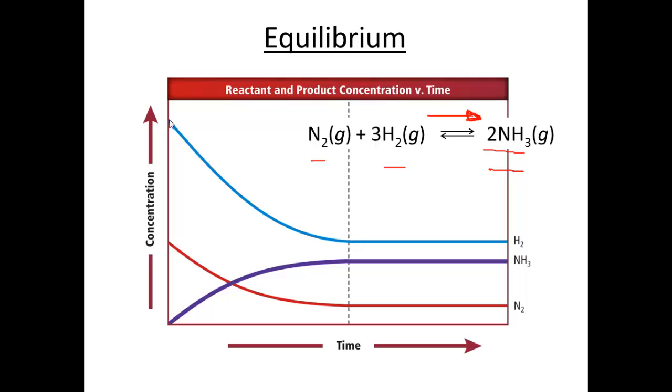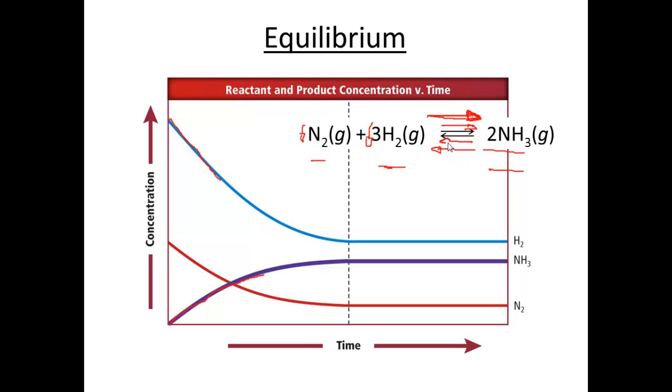And as you can see, here's the concentration of our H2, and right away it decreases pretty steadily. As we go this way, we're going to get less N2 and less H2, and we're going to be forming more ammonia, increasing its concentration. Eventually the reverse reaction will start going, and eventually these rates will become equal.